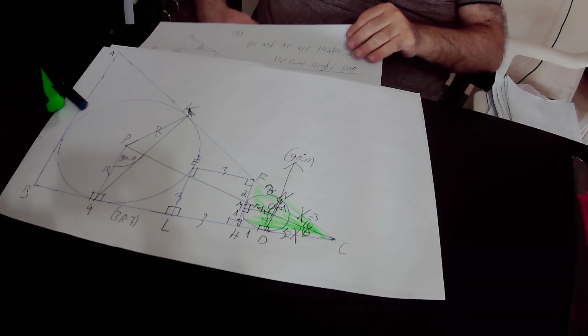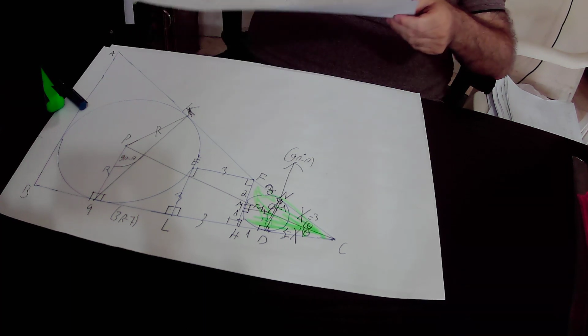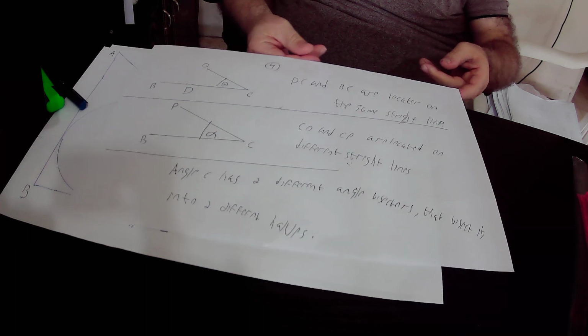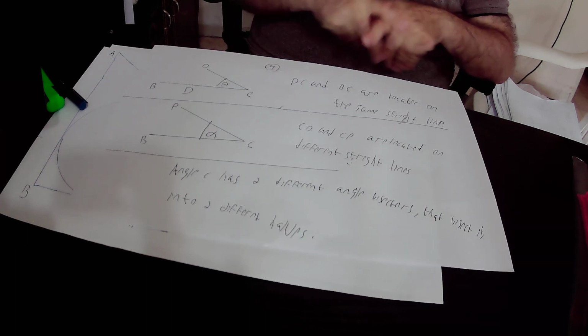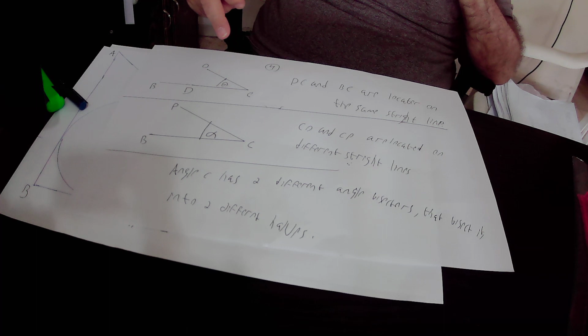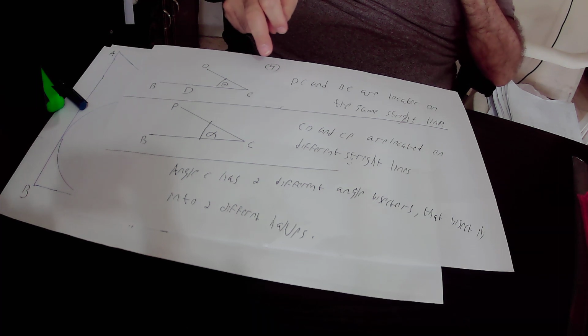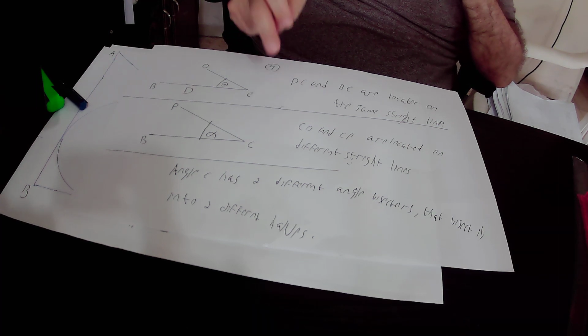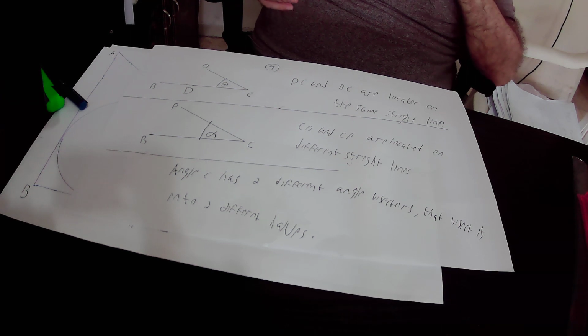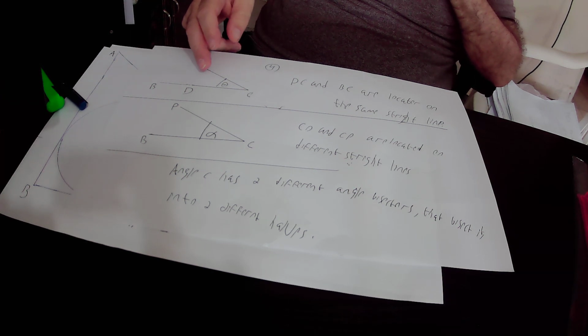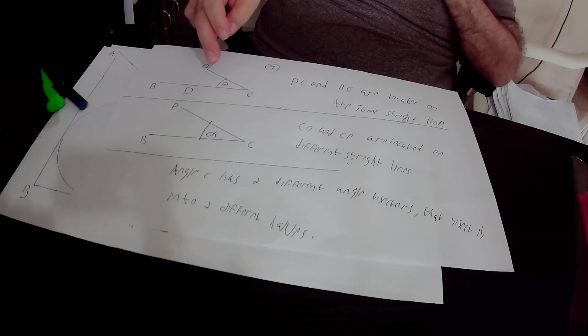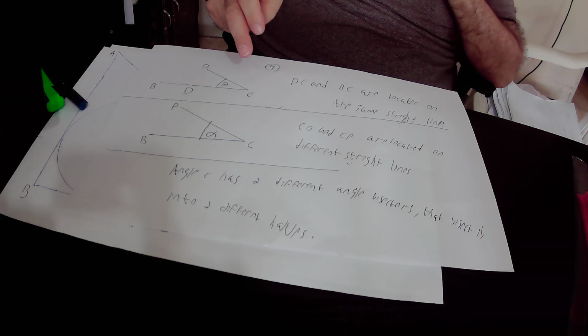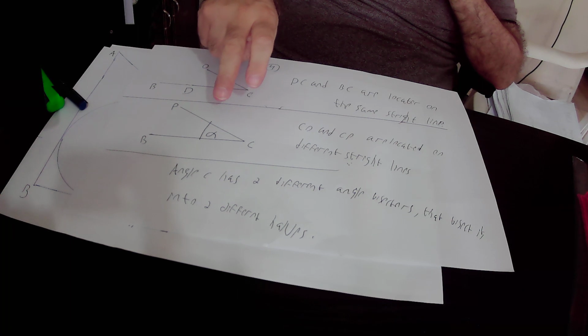So therefore, we can conclude from this fact, according to our assumption, that CP and CO are located on different straight lines. When we have one leg that is a common leg, and the second legs of the two angles are not located on the same straight line, it means that those two angles cannot be equal to each other.